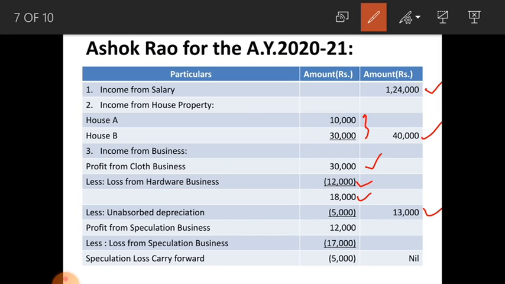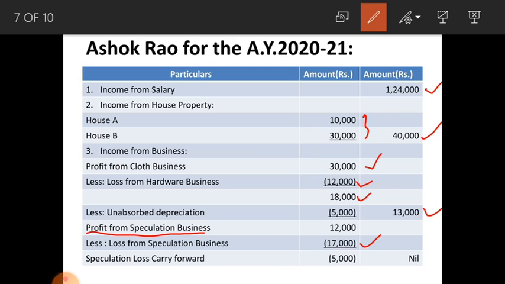And one more thing, there is one speculation loss. The speculation loss can be set off only against speculation profit. If there is any loss, that is speculation loss remaining, that can be carry forwarded to the next year, that is next 4 assessment year you can carry forward that loss. So the next item is profit from speculation business 12,000, and from that you can deduct loss from speculation business 17,000.